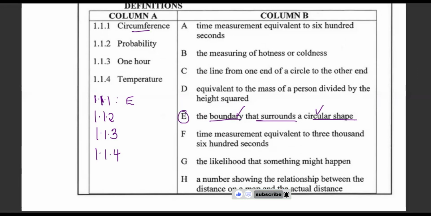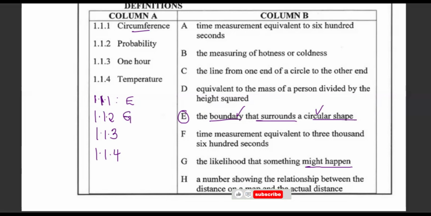Okay, 1.1.2, probability. Probability is a chance that something happens, a likelihood that something might happen. So here we have the answer as G. All right, there we go.